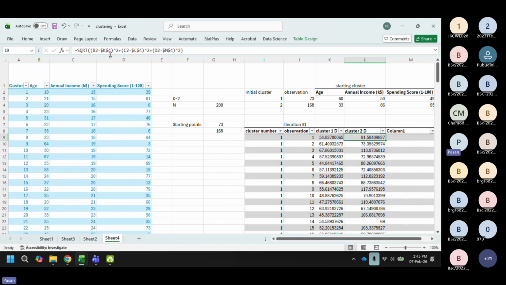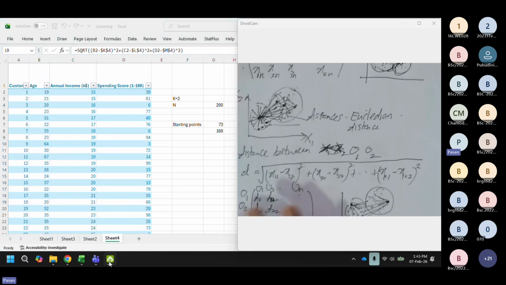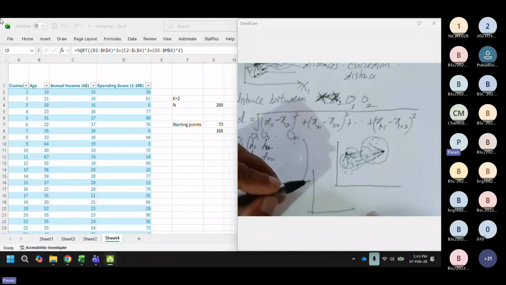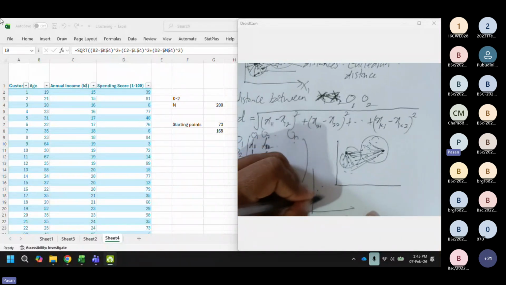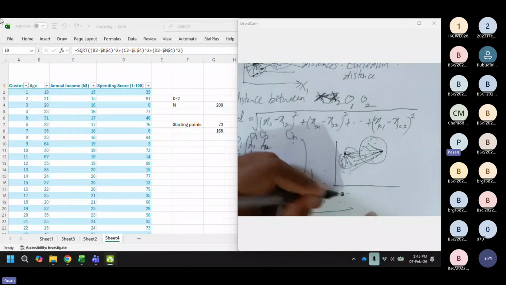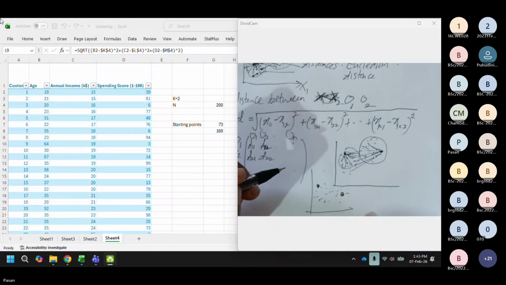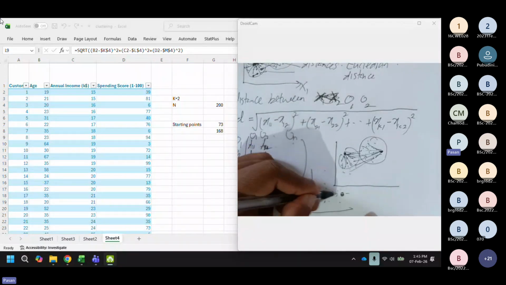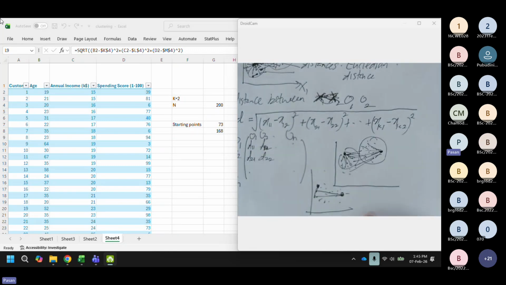So I can measure the distance between the 2 points. So basically, once I look at the entire data set, right? I assume that certain 2 points are their centers, right? And then I take each and every point and measure their distance from the centers.